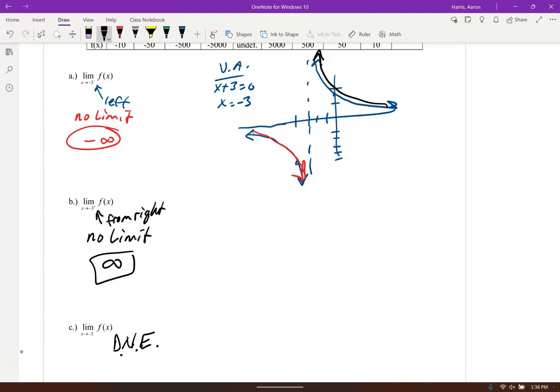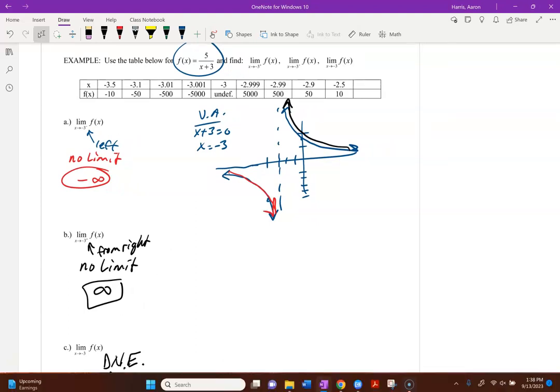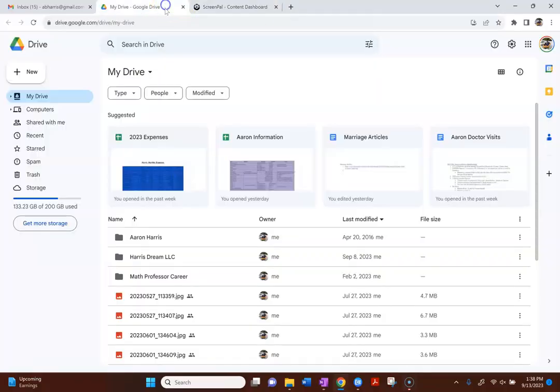And now let's actually do it with values. So if we are approaching -3 from the left, I plug in some points on 5 over x plus 3.